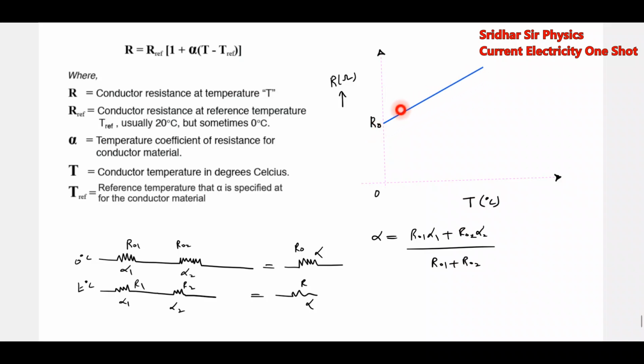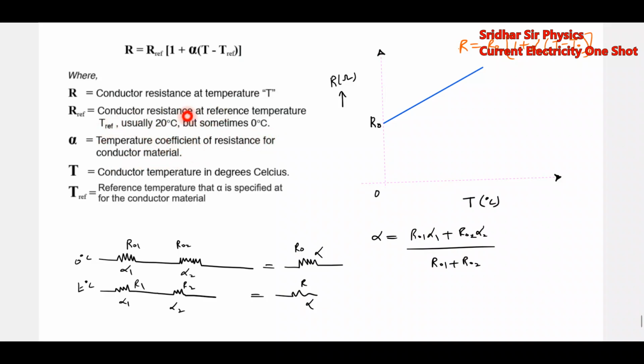Therefore, the graph. We write this mathematically by a particular formula. What is the basic formula for R? R equals R naught times (1 plus alpha times (T minus T naught)). This is the resistance at temperature T, where alpha is called the temperature coefficient of resistance for the conducting material.